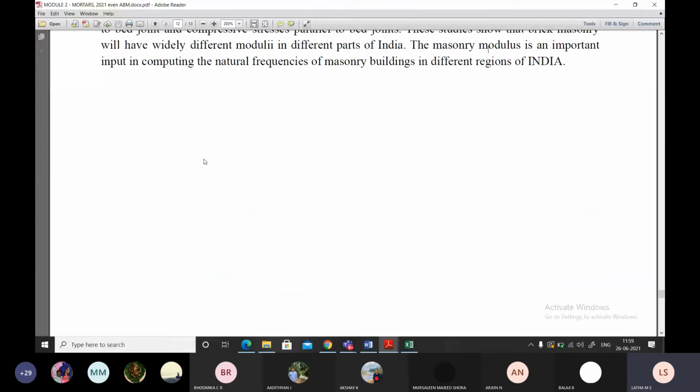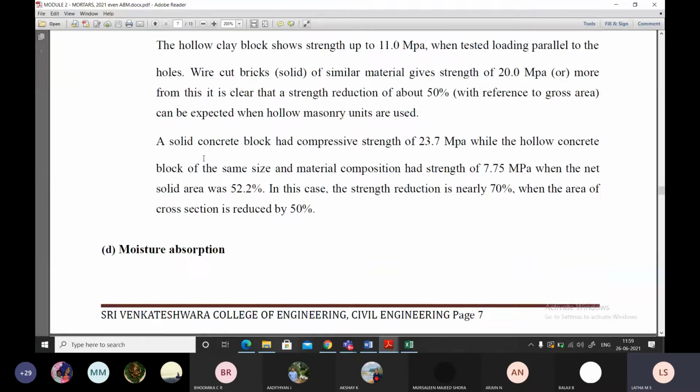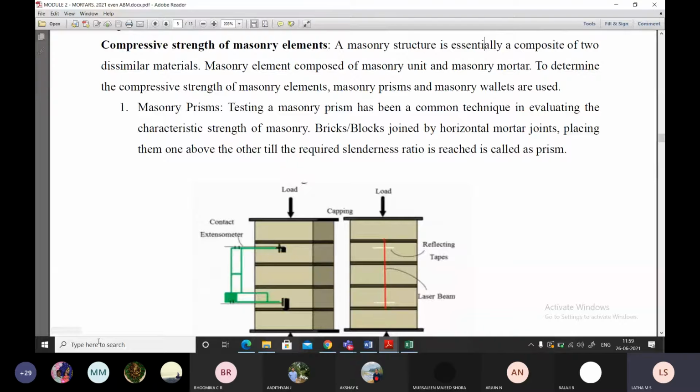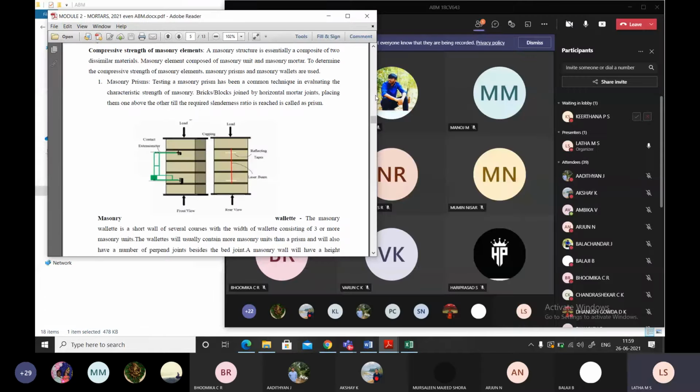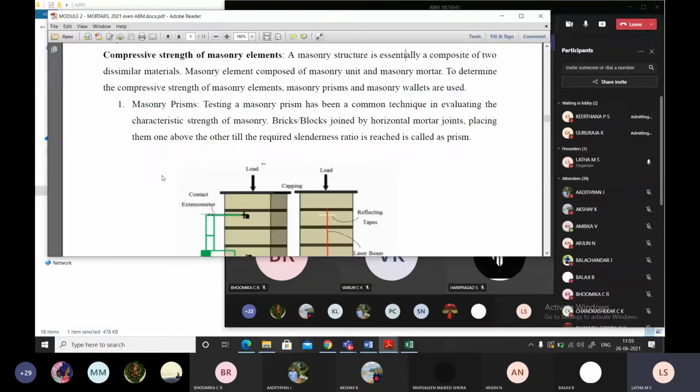So what are the topics you will be covering, students? It is a topic you will be talking from the prisms: compressive strength of masonry elements.